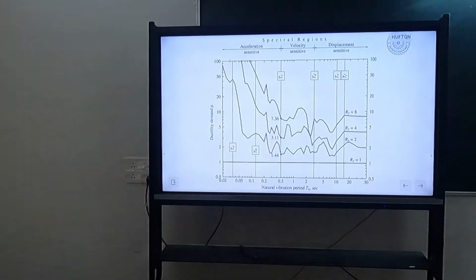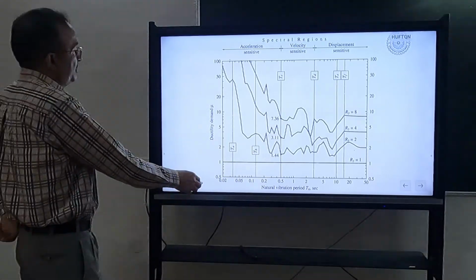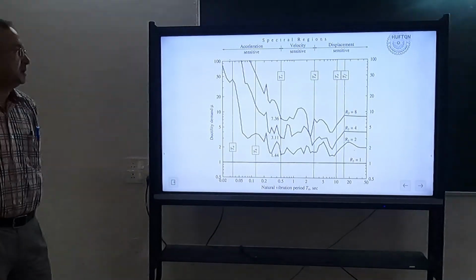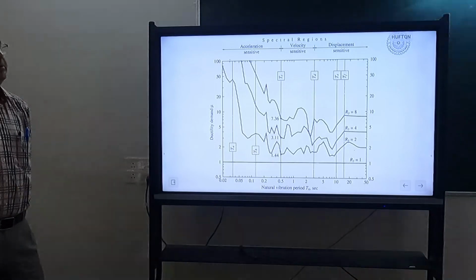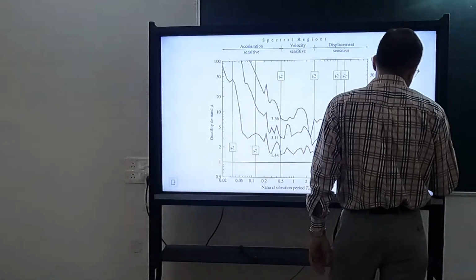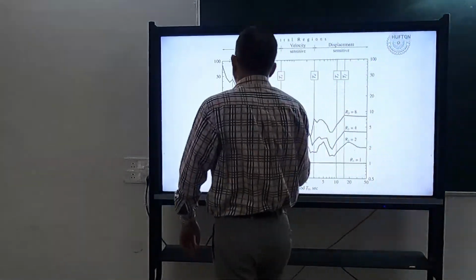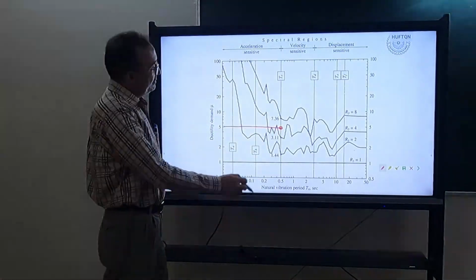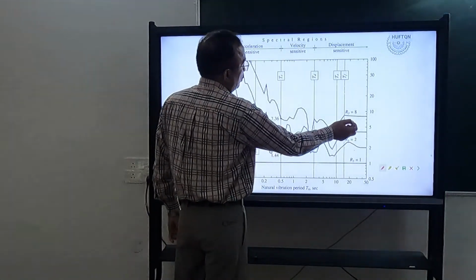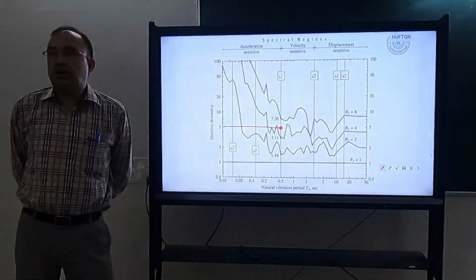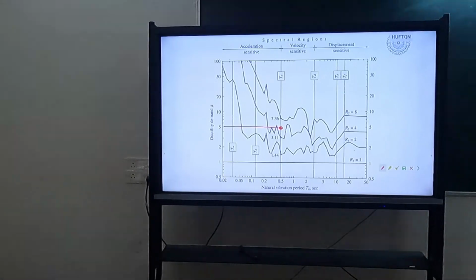How will I calculate? For that, I have to do iteration. Suppose period is 0.5 seconds and I have decided that I want a ductility demand of, let us say, 5. How will I obtain a ductility demand of 5 here? I have a plot for Ry is equal to 2, Ry is equal to 4, Ry is equal to 8. I want to calculate Ry corresponding to this. I have to do iteration.